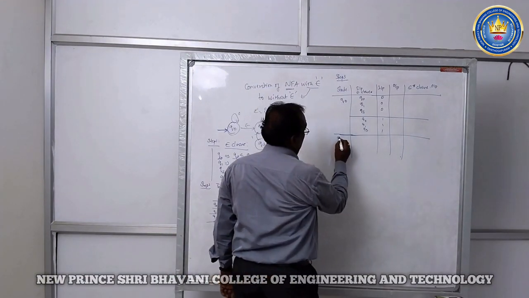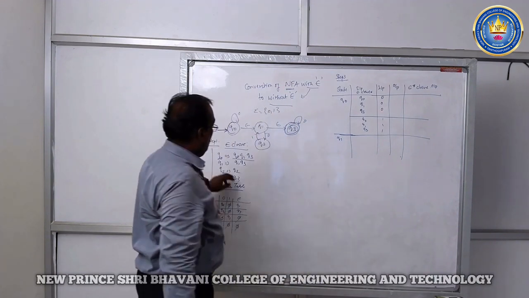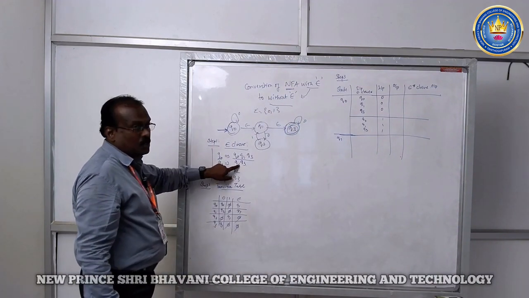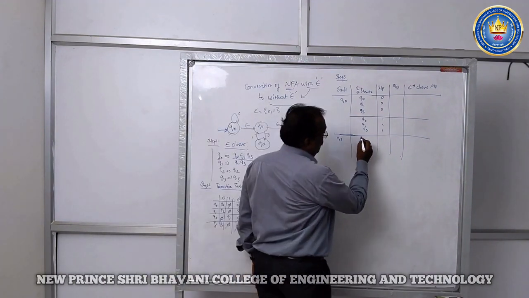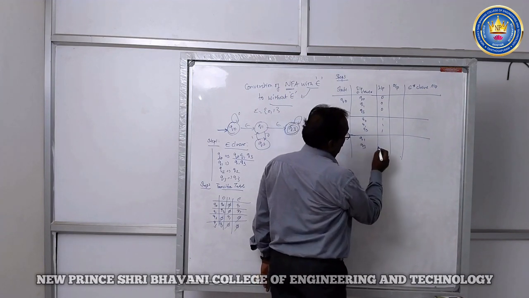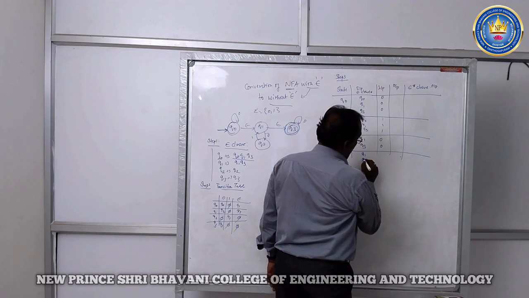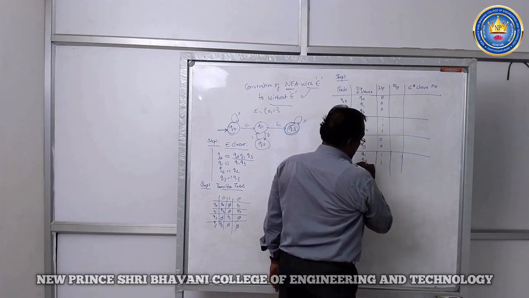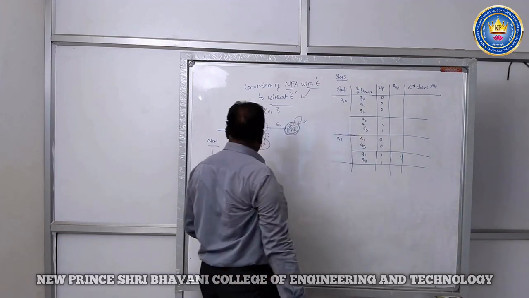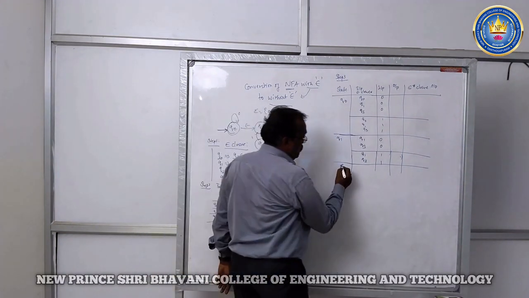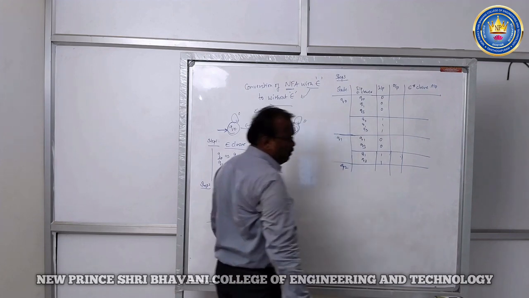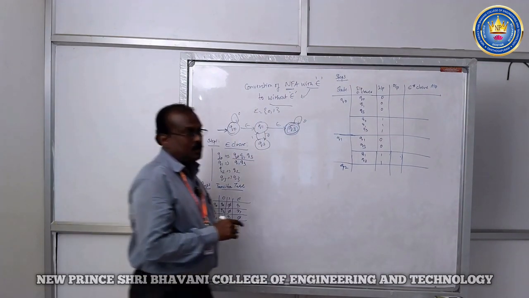Similarly for next state Q1. For Q1, epsilon path here is Q1, Q3. So for this Q1, Q3 you have to apply 2 inputs, zeros and ones. So next state is Q2. Q2 has no epsilon path but a self transition, epsilon to Q2.